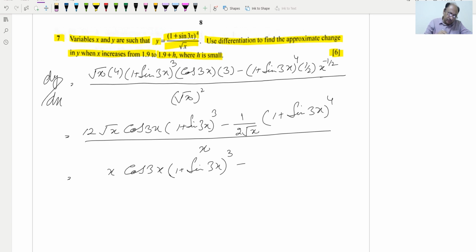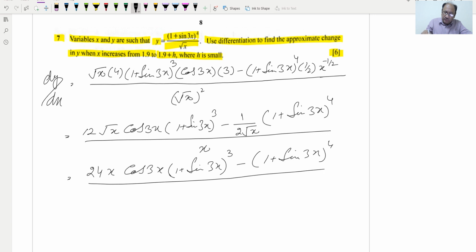We can multiply by 2 root x, so it will be 24 here, and this will be 2 root x, which will be cancelled, and it will be 1 plus sine of 3x raised to the power 4, and divided by, when we multiply this by 2 root x, we will get 2x raised to the power 3 by 2.